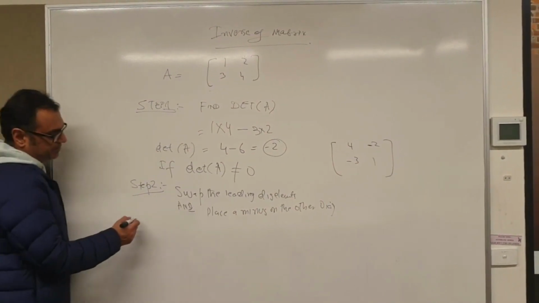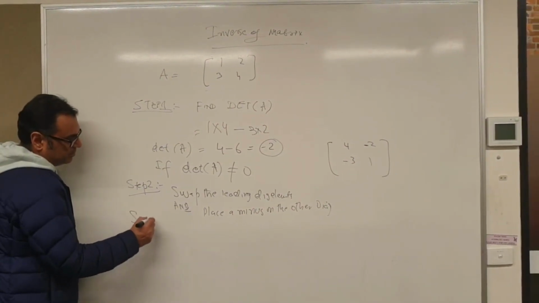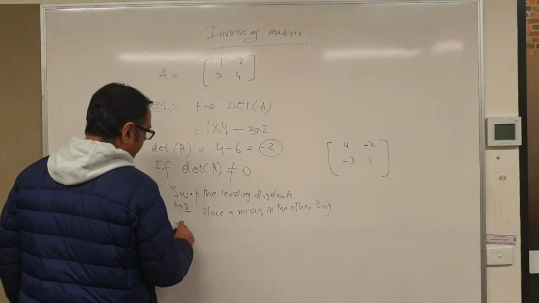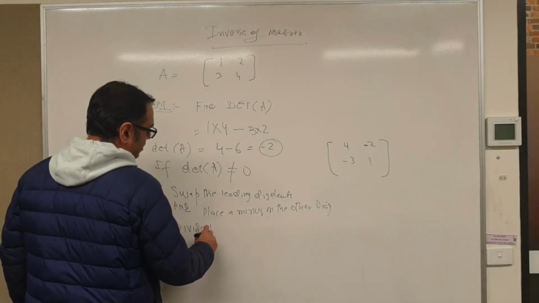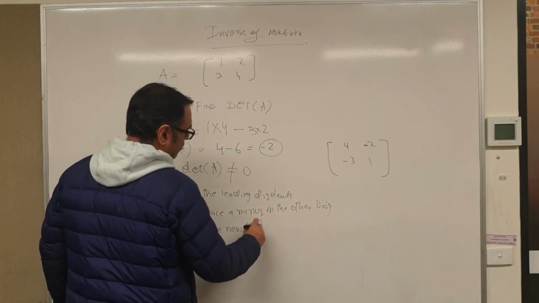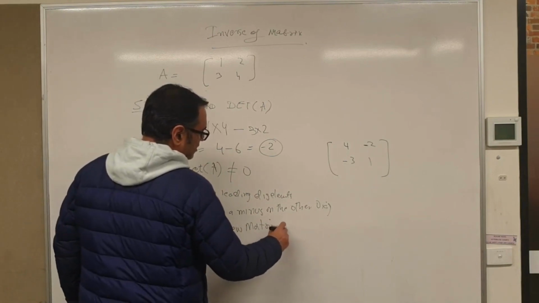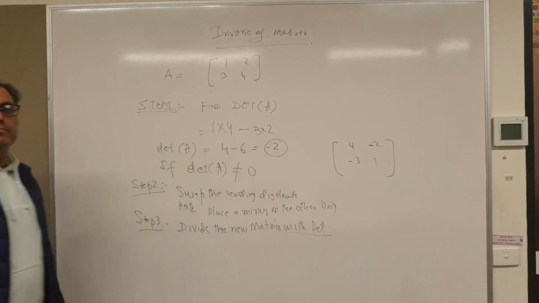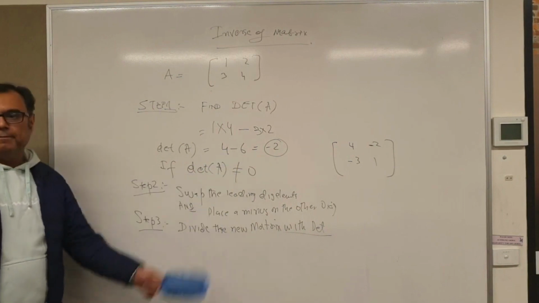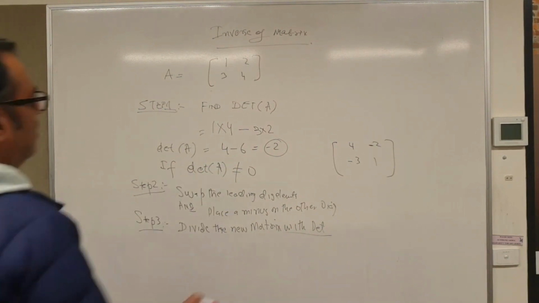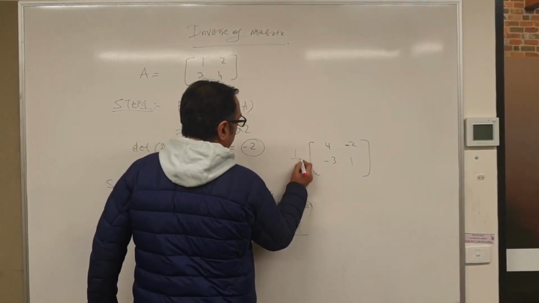And last step: divide the new matrix by the determinant. What was your determinant here? Minus 2. So you just multiply this matrix by 1 over minus 2.